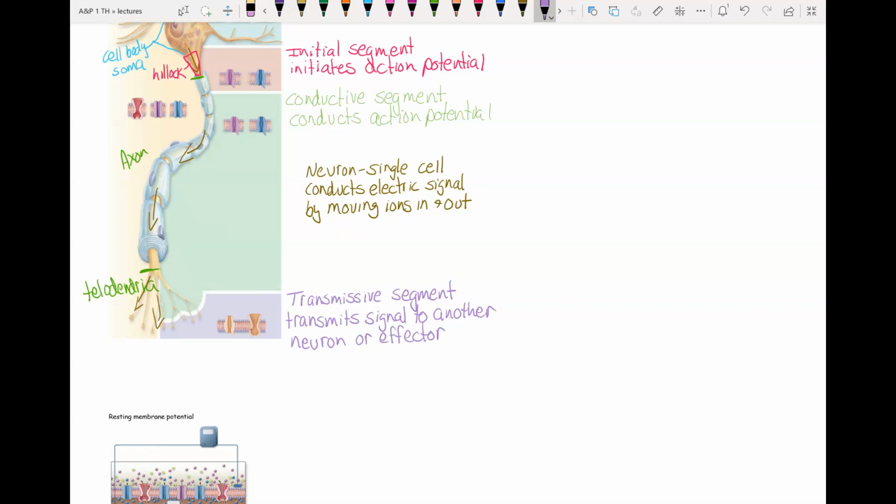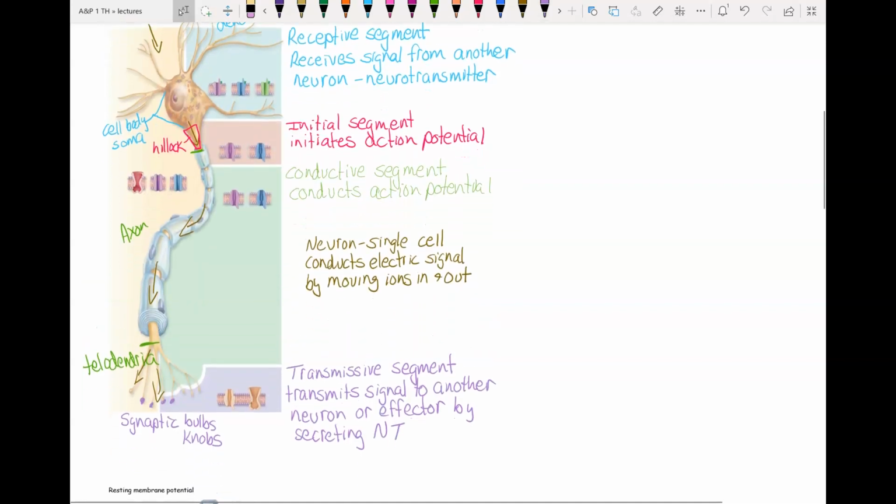And it does so by secreting neurotransmitter. And it has these little bulbs here. These are synaptic bulbs. They can also be called synaptic knobs, or sometimes they're even called axon knobs. Those are the parts that secrete neurotransmitter.